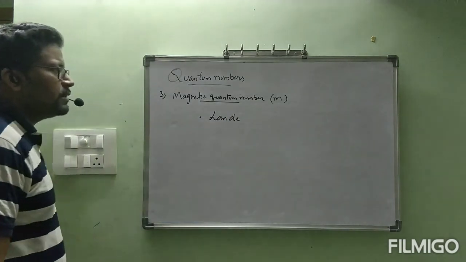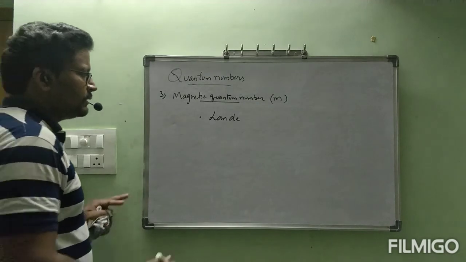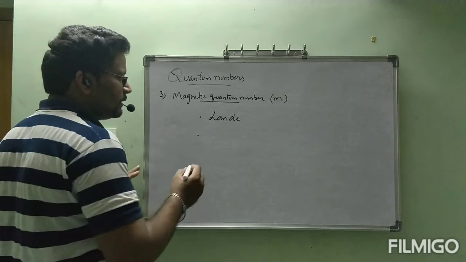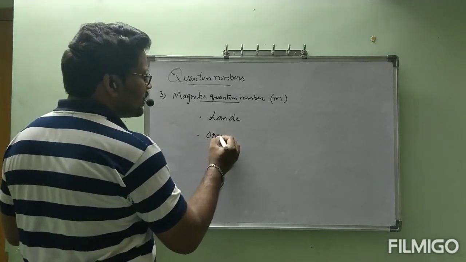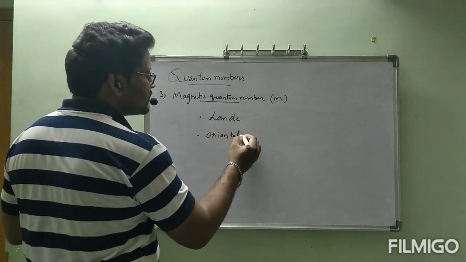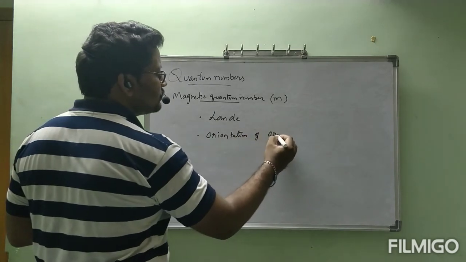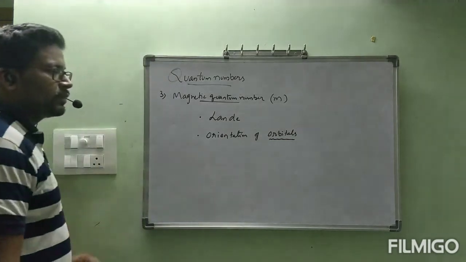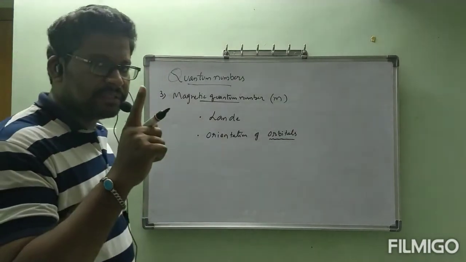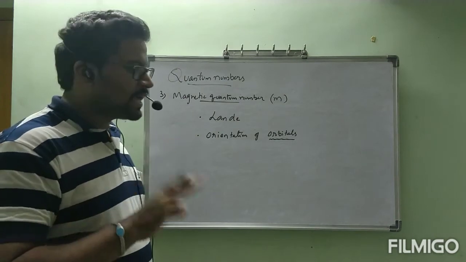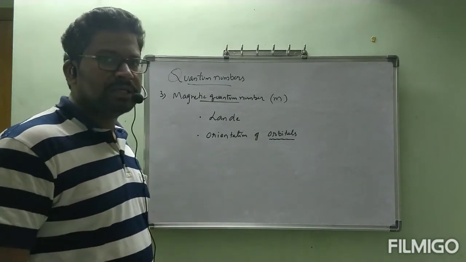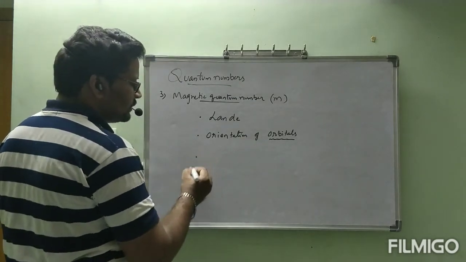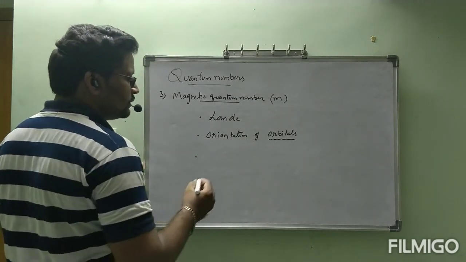Mainly it discusses the orientation of orbitals. Subshells are completed, now we are going through orbitals. First one main shells or shells, second one subshells, now orbitals. Orientation of orbitals.